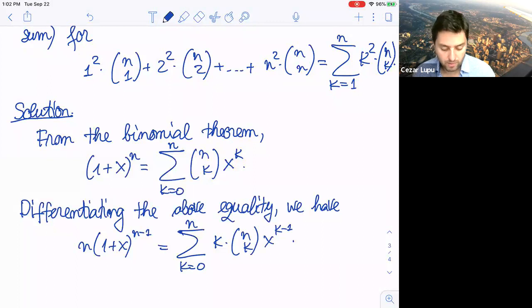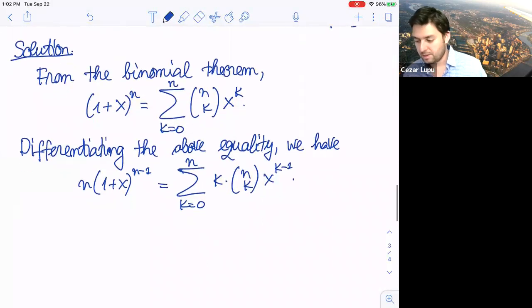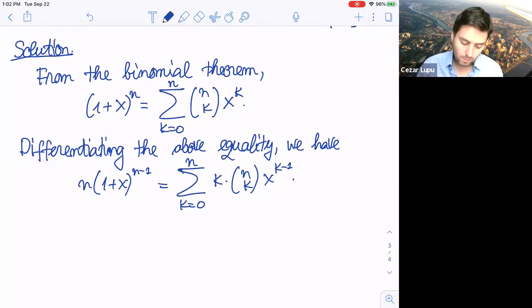And we can play around here. If you plug in x equals 1, you'll get an identity.